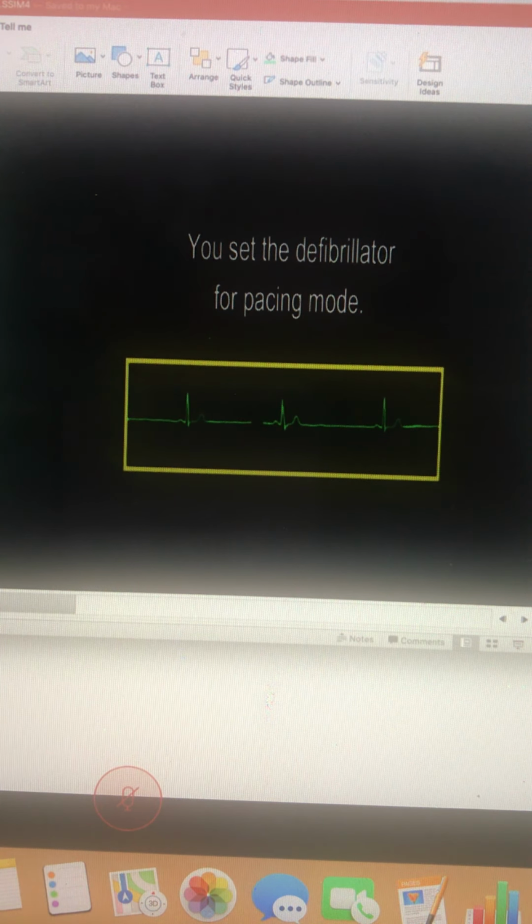After you change it to the pacing mode, let it analyze the rhythm. Something else you need to ensure is that not only are the pacing pads on the patient when you have a defibrillator, but you also have the leads on the patient, okay?